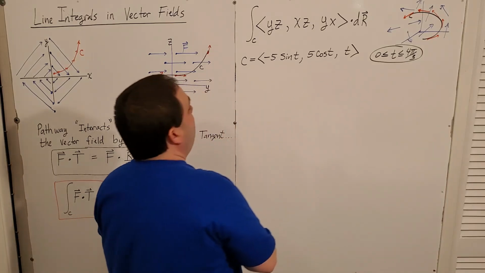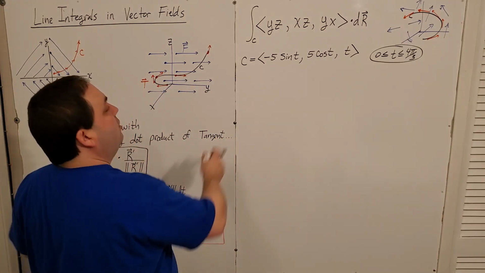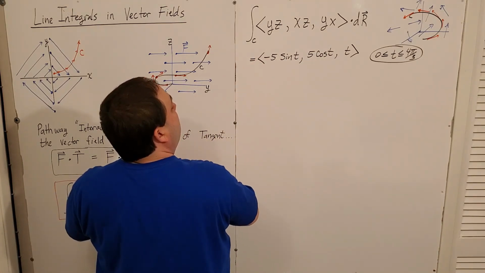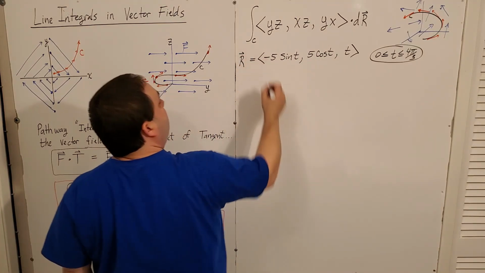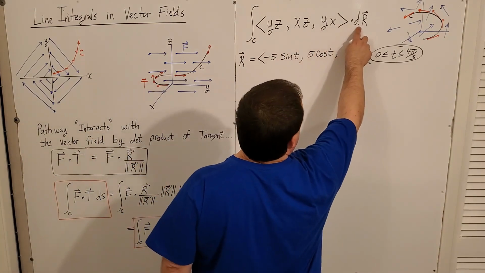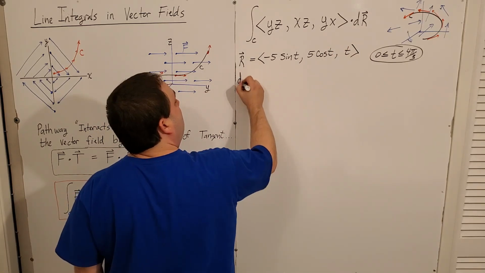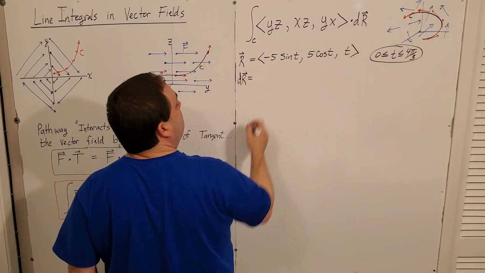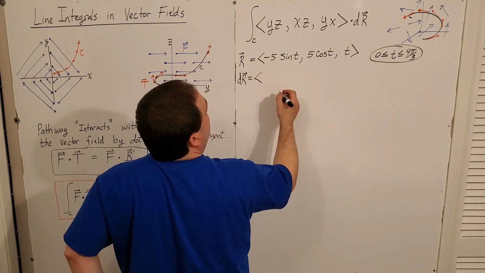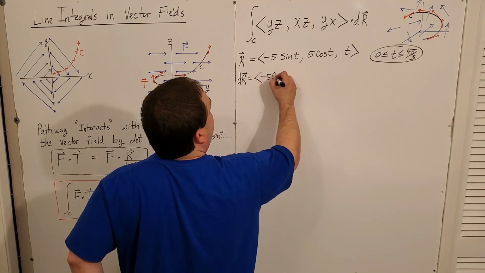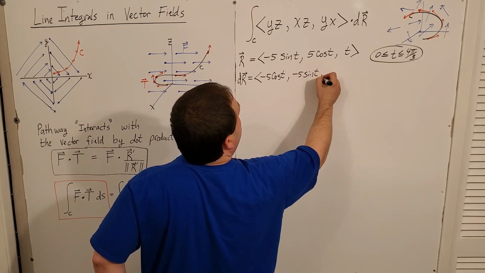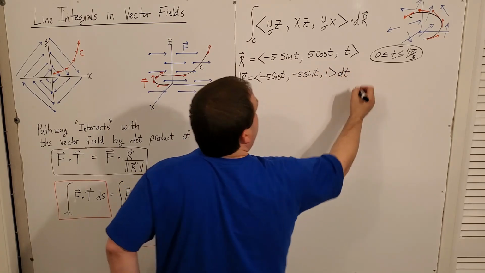Okay? All right. So my curve is this parametric, and if you prefer, that's basically your r. So if I'm doing this dot dr, then I'll think of dr like this: it's going to be -5 cosine t, -5 sine t, 1 dt.